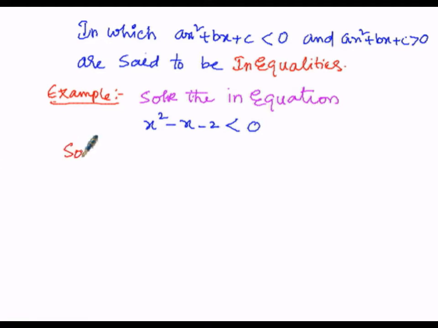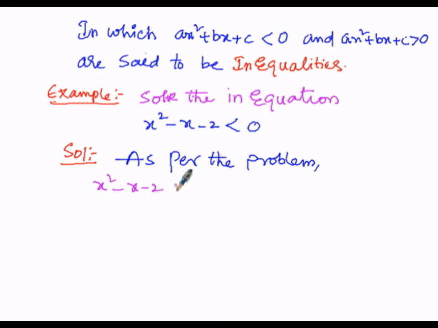Solution starts now. As per the problem, the inequation given to us is x square minus x minus 2 is less than 0. So this is the given inequation.